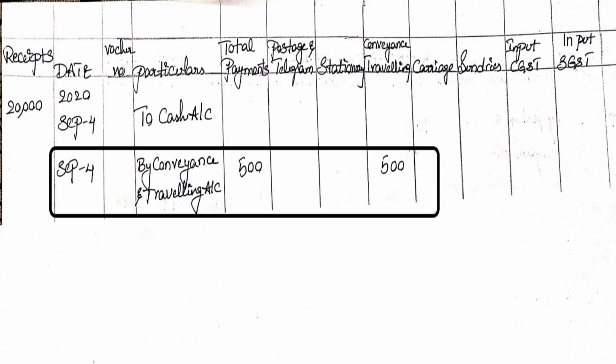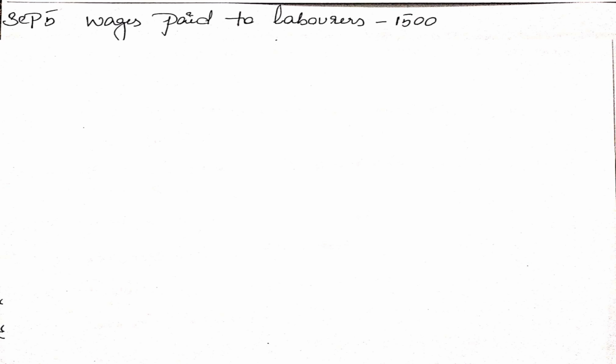The same 500 we will mention in the conveyance and travelling category. Our next transaction is wages paid to labourers, 1500. That means we have paid wages to labourers on September 5th and the amount is 1500.